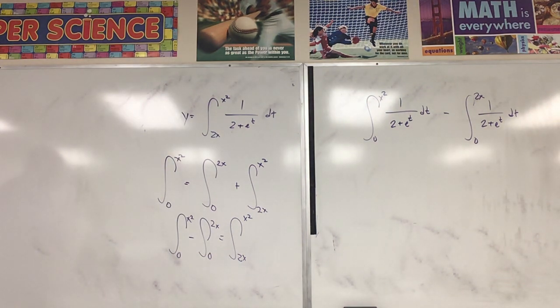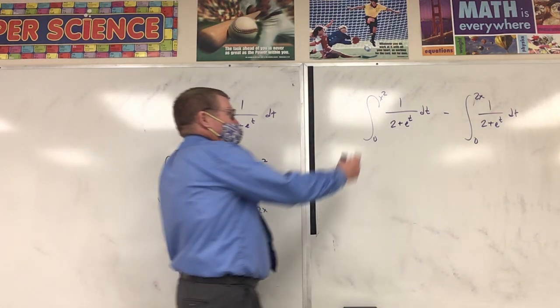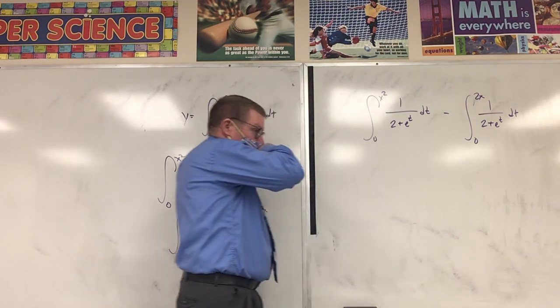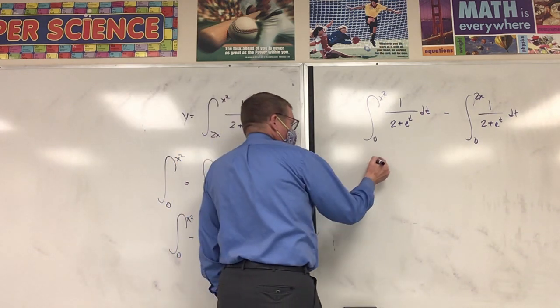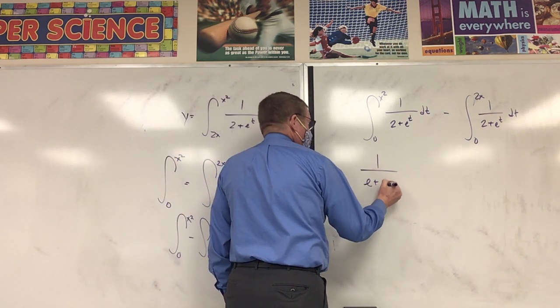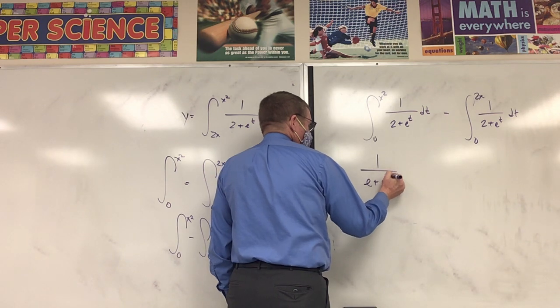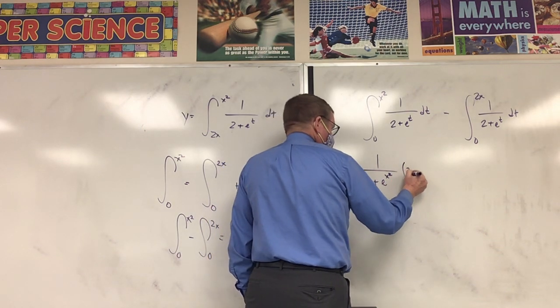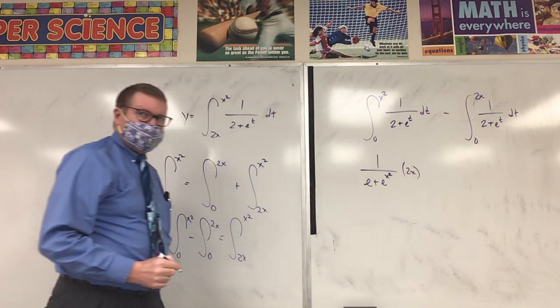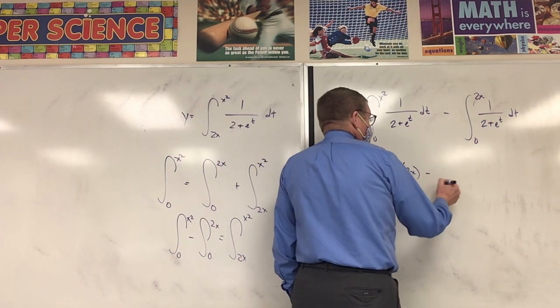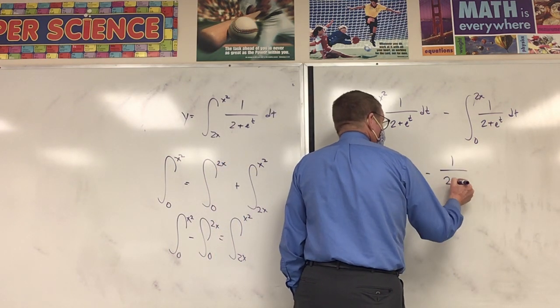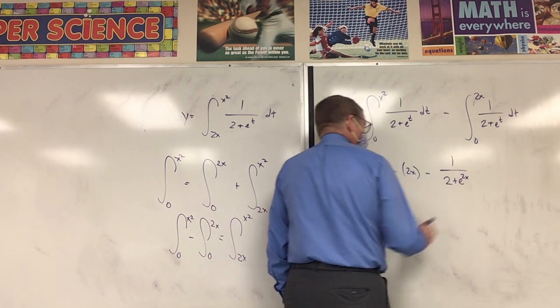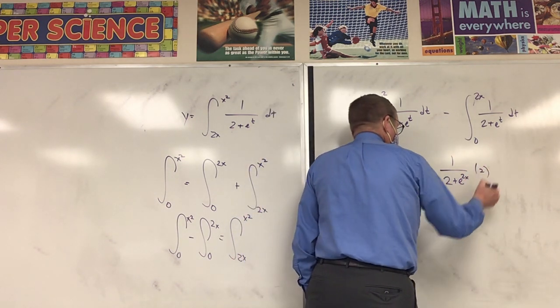Well, again, remember our chain rule is the derivative of the function times the derivative of the composite, right? So what was my composite? The x squared. So I'm going to have 1 over 2 plus e to the x squared times 2x minus 1 over 2 plus e to the 2x times 2.